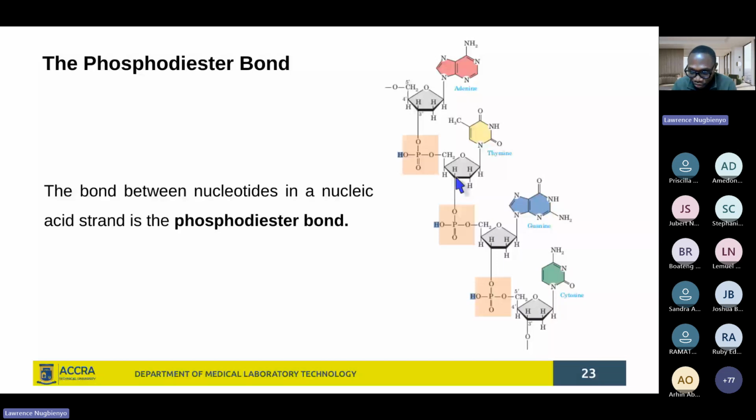So that is carbon binding onto oxygen, and that oxygen binds to that phosphorus, which has a double bond oxygen on it. So that is another phosphoester bond. So now you have two phosphoester bonds between the nucleotides. That's why we call it a phosphodiester bond.